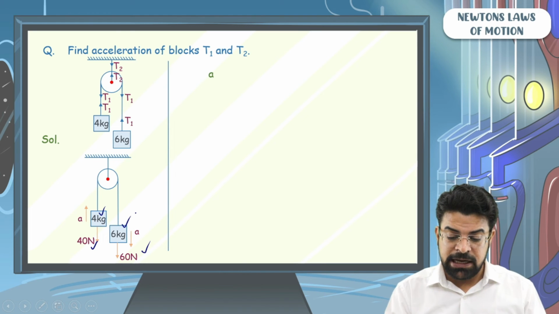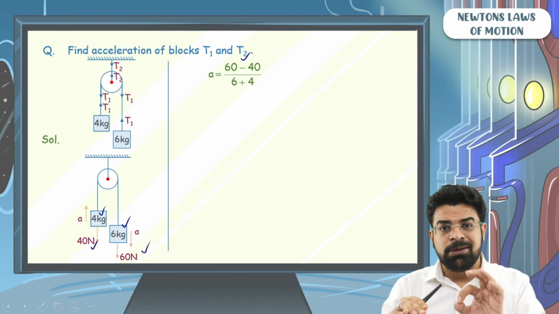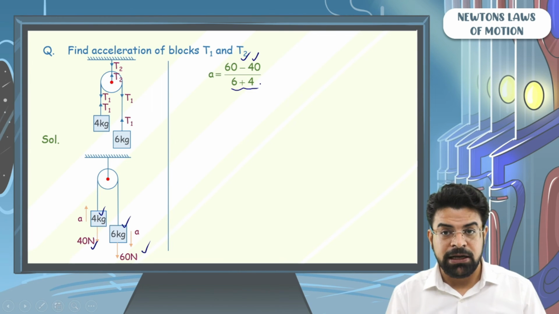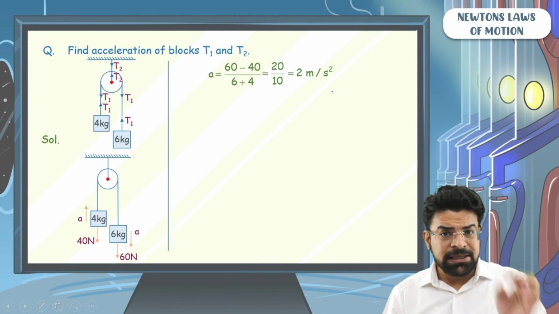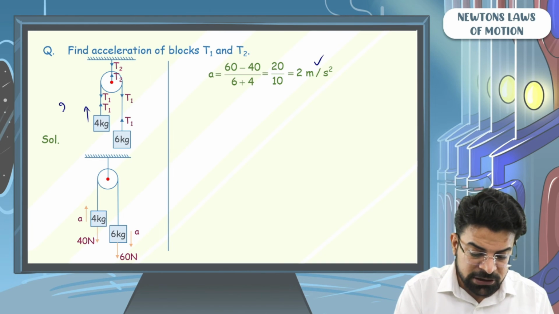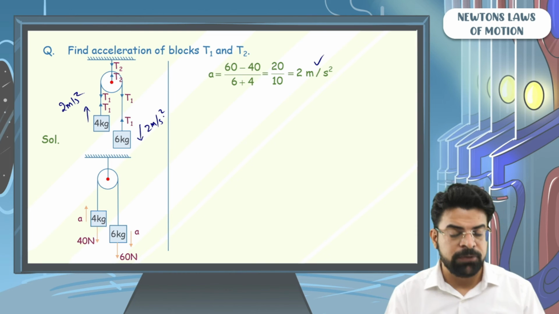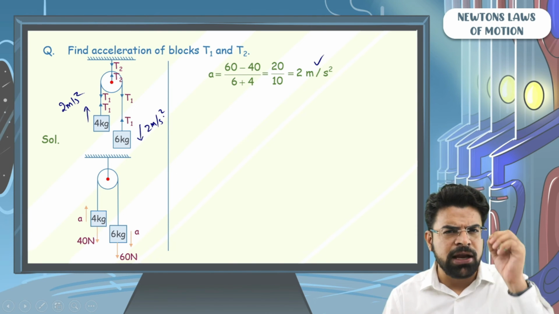So the acceleration is the net force towards positive gamma divided by the total mass of the system: 60 minus 40 by 10, that becomes 20 by 10, that is 2 meters per second squared. Once we have found the acceleration, this block will have an acceleration of 2 meters per second squared upward, and this one 2 meters per second squared downward. To find the tension T1, we can make the force equation on any one of the blocks.